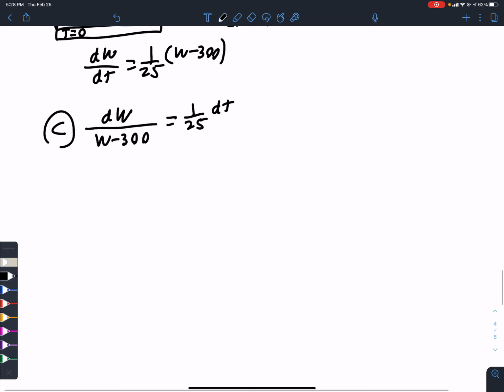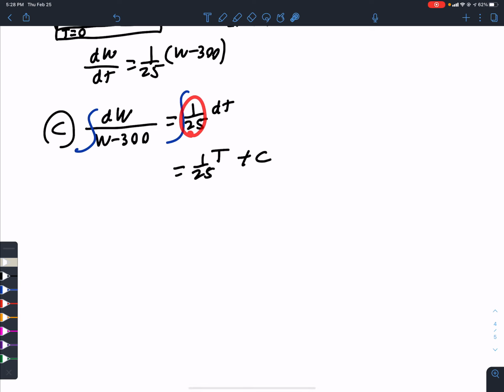Now we're ready to integrate both sides. The right side is super easy. 1 over 25 is a constant times T plus C. If you have a constant and you integrate it, it'll just be the constant times your variable. I like that. That's really easy. The left side, I have issues. U sub.